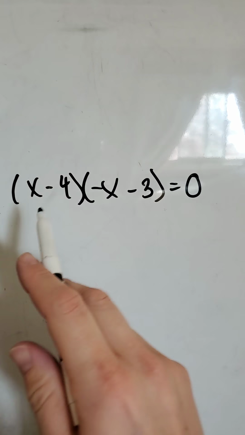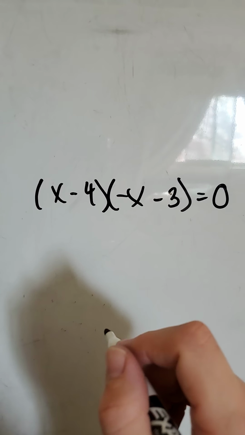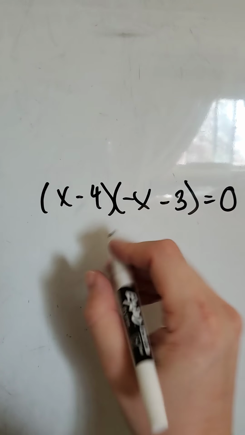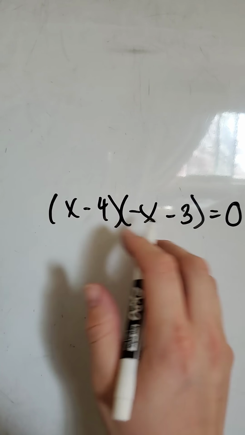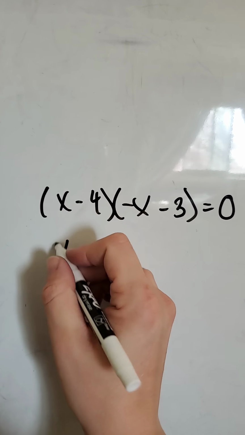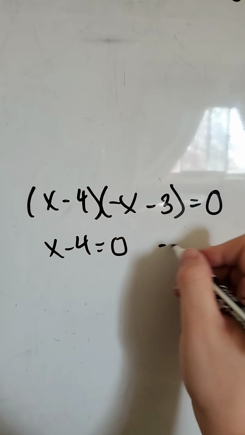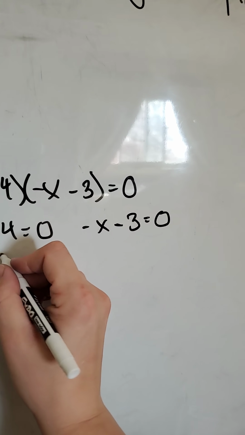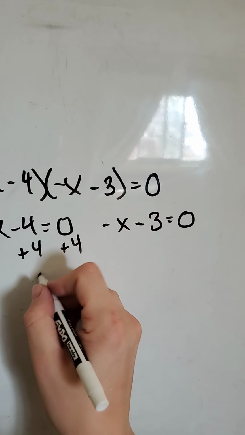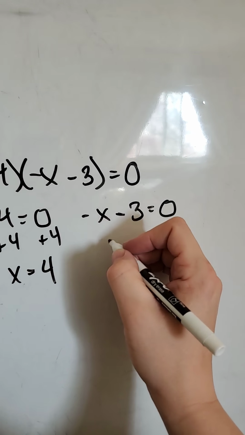And remember the law of the product of zeros, right? So if the product is 0, then one must be, or both must be 0. So either this equals 0 or this equals 0. So then I could add 4 to both sides and see x equals 4.